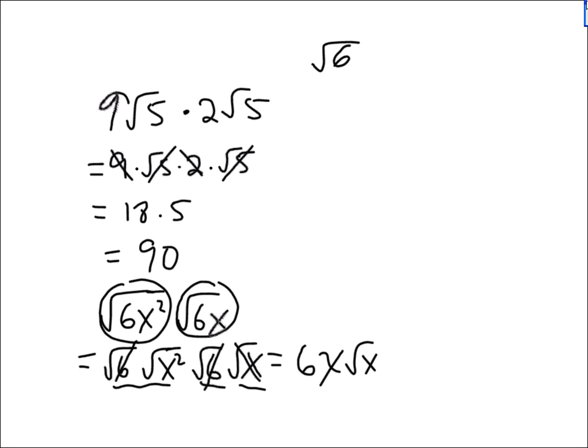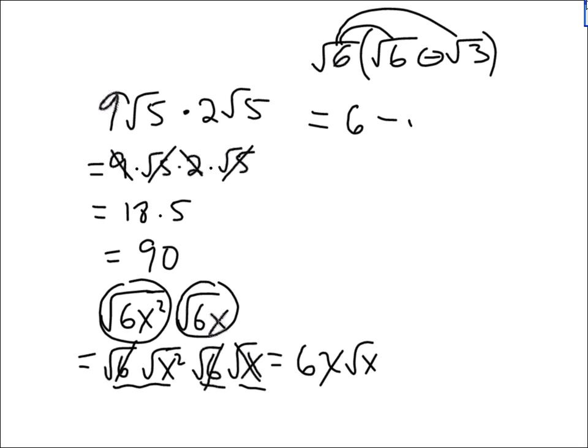Sometimes you have to distribute. Suppose you have this. You have square root of 6 times the square root of 6, which is 6, minus the square root of 6 times the square root of 3, which is the square root of 18. But you can break down the square root of 18. You can break it down to 6 times 3 and 2 times 9, but I only want to use pairs of numbers where one of them is on my list. 9 is on my list and it goes into 18.